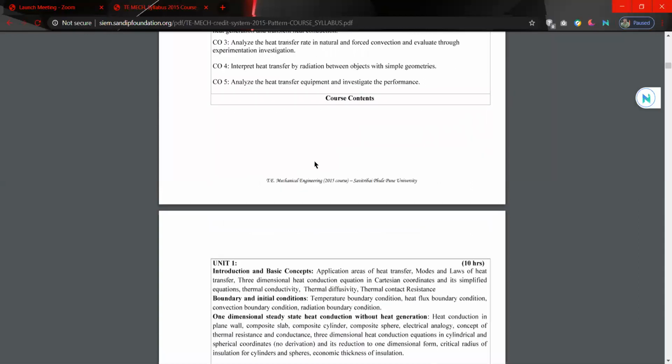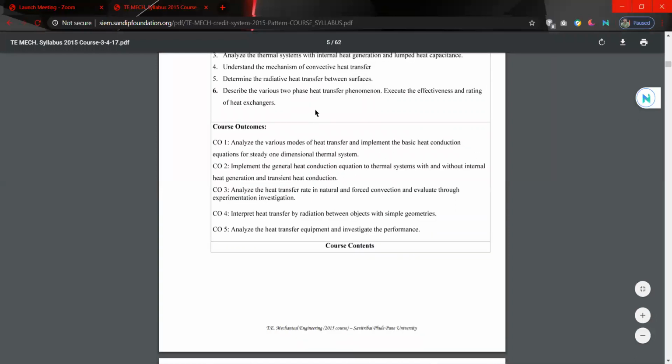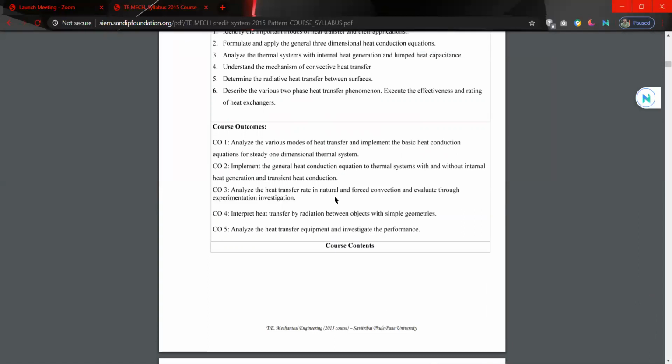CO3 is to analyze the heat transfer in natural and forced convection and evaluate through the experimental investigation. The fourth outcome is the radiation between the object and simple geometries. And the fifth outcome is to analyze the heat transfer equipment investigation and its performance.